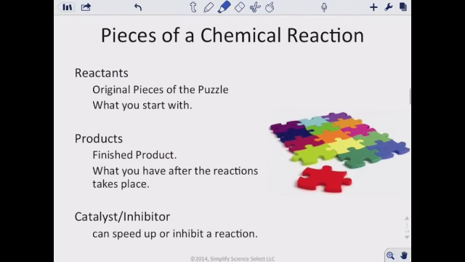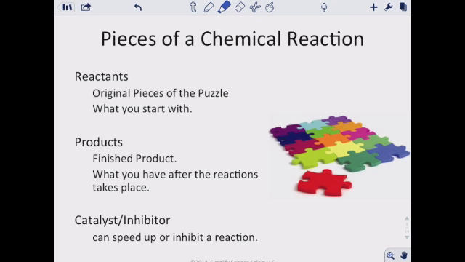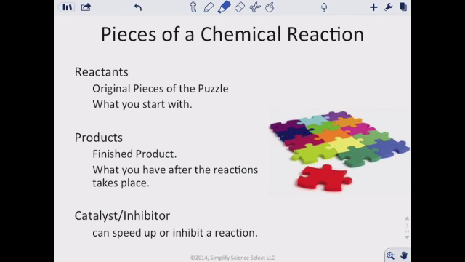Now, pieces of the chemical reactions that we need to know: the reactants, the products, and then catalysts or inhibitors. Reactants are the original pieces of the puzzle, what we start with. One thing we can make a note of is that the arrow always points to the product.